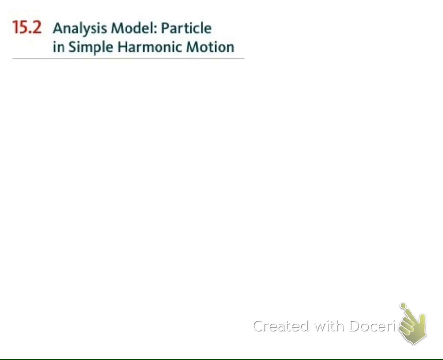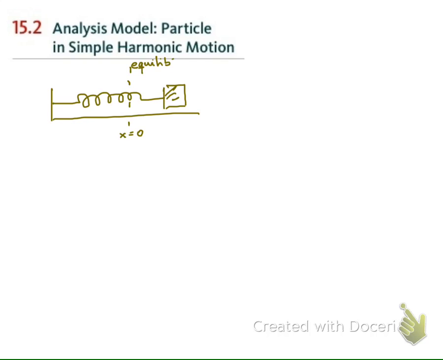In our case here, we have the spring attached to the object, and we measure the distance of the object from the equilibrium point, which we denote as x equals 0.